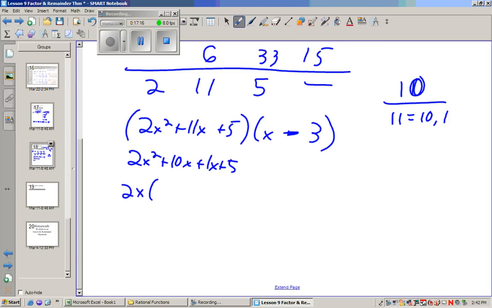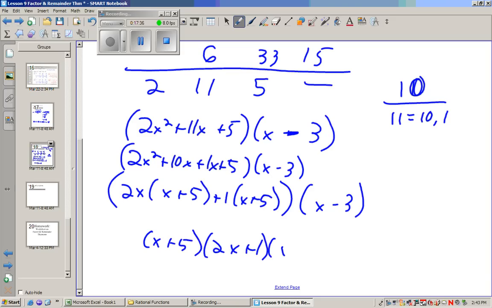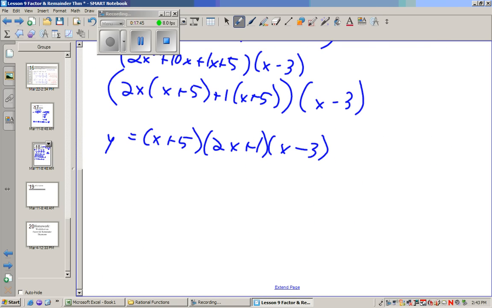Or we can take out the 2x. And a good mathematician would probably, or should, keep that x minus 3 going. And now this one would be x plus 5, 2x plus 1. Now, if we are saying write this in a product of linear factors, we could leave it like that.